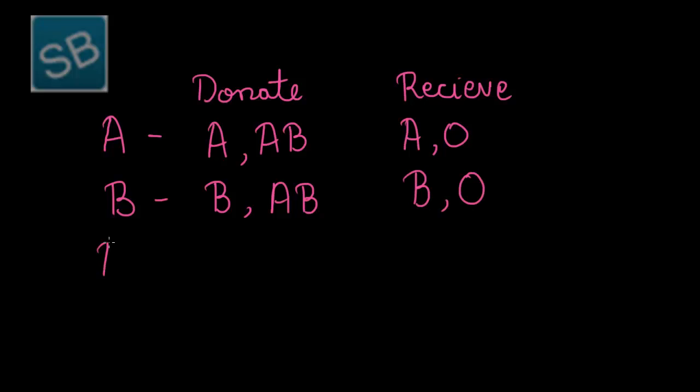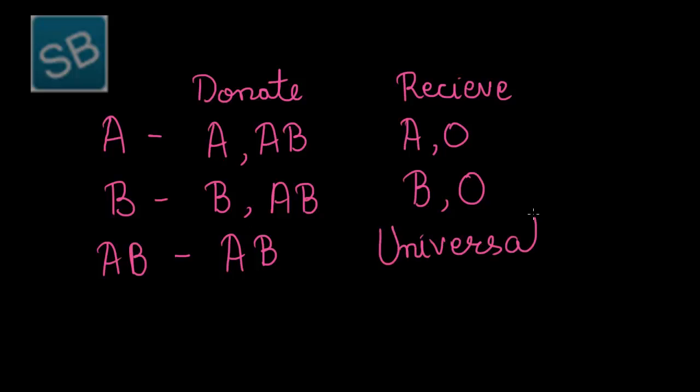Similar is the case for AB, where it can donate only to a person containing AB blood group, while it can receive from people of all types of blood group, and therefore it is considered the universal recipient blood group. This is because the AB blood group contains both types of antigen, and therefore it can receive blood from any type of blood group.